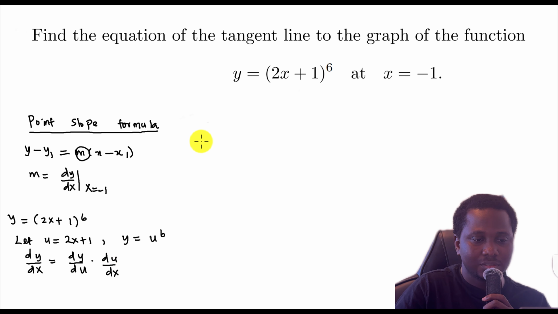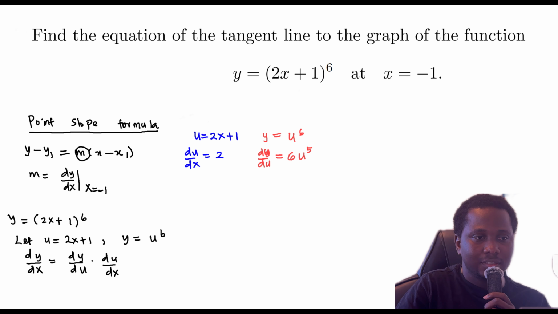So here we're given u equals 2x plus 1. If you differentiate u with respect to x, that means you have 2. Since y equals u raised to the power 6, if you differentiate y with respect to u, you're going to have 6u raised to the power 5 using the power law.